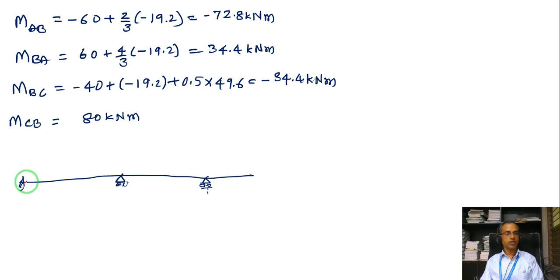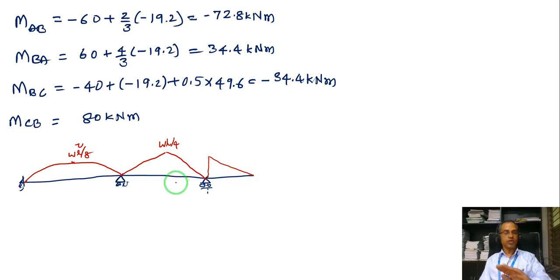This is a parabola, and this value is WL square by 8. Due to the external load, we have a negative moment.